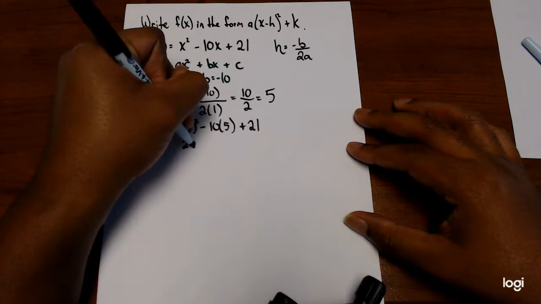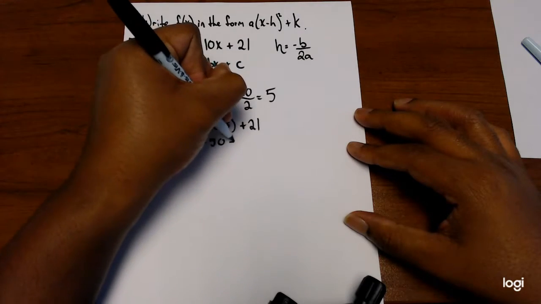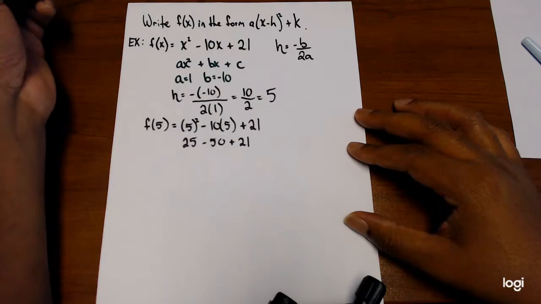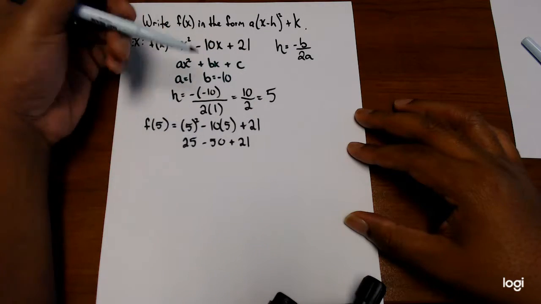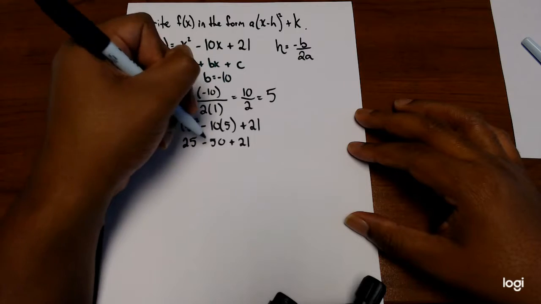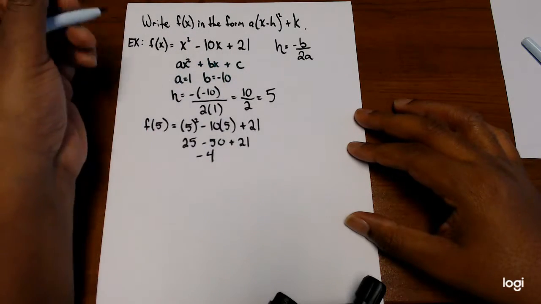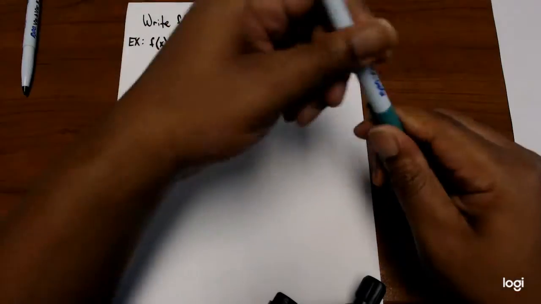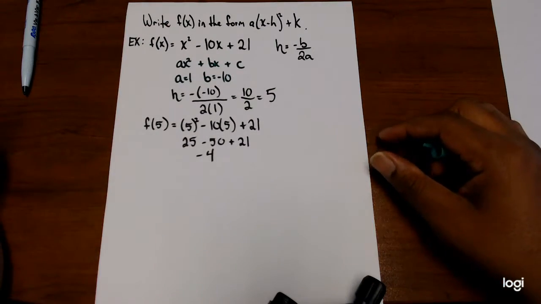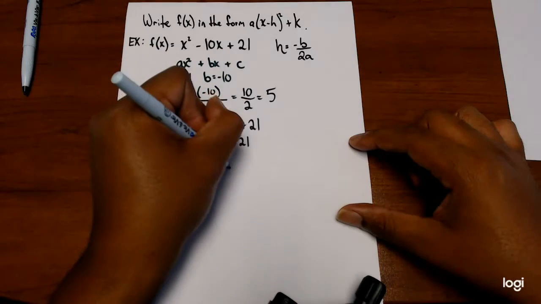That is 25 minus 50 plus 21. And we add and subtract from left to right, and we find that f of 5 is negative 4. So again, that's the y-coordinate of my vertex, which is k.